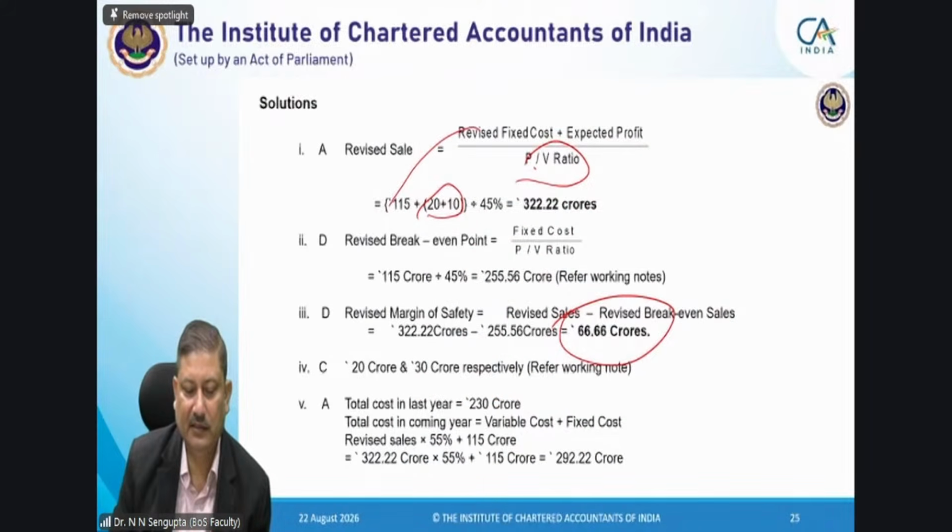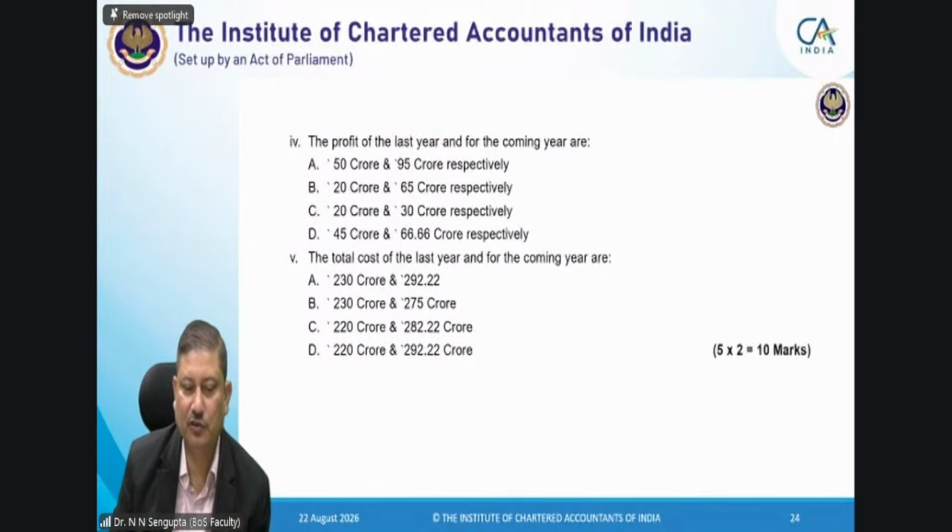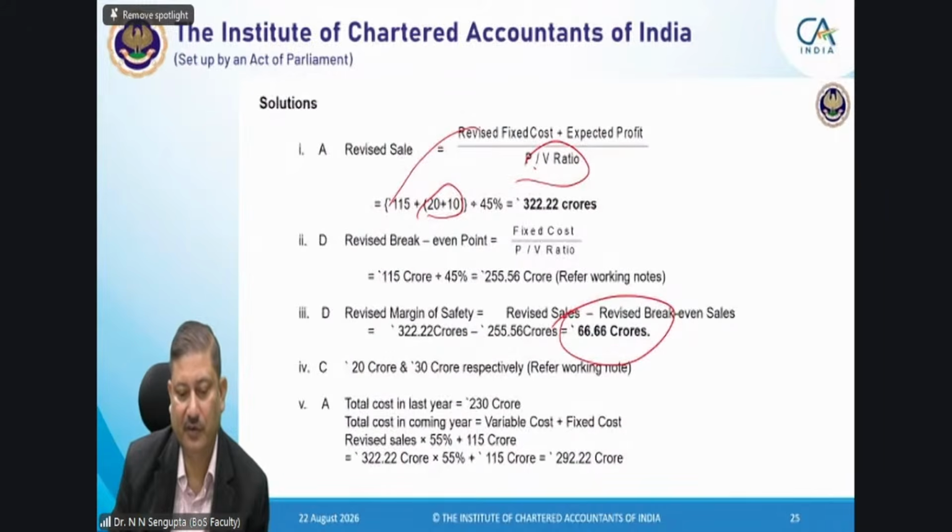Then the last part was total cost of the last year and for the coming year. So last year total cost already we have calculated, that is 230 crore. And for the coming year, if you talk about the variable cost, 55% is the variable cost.